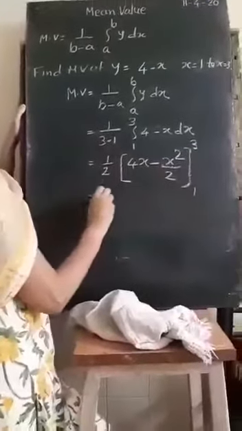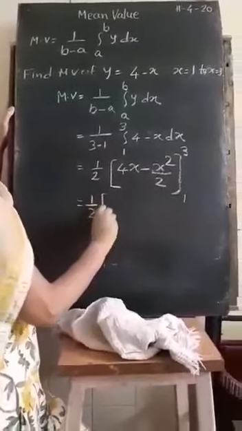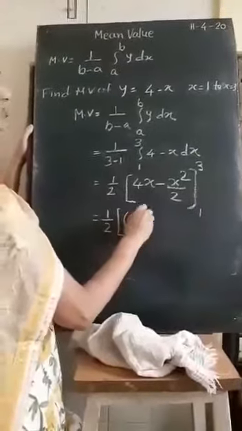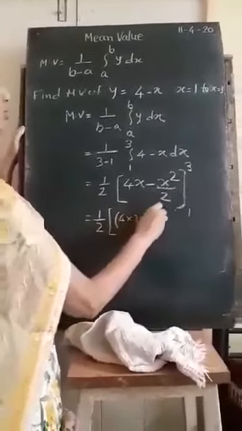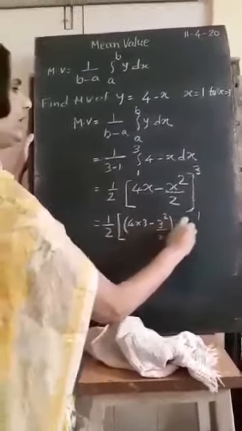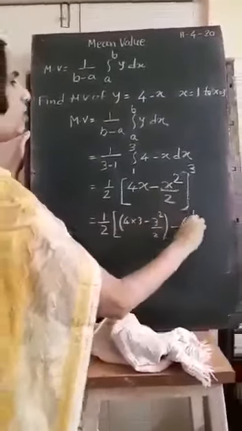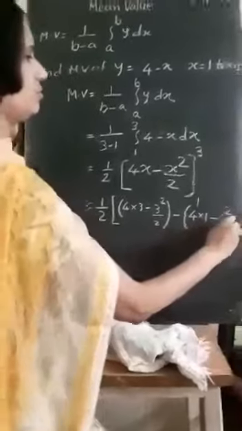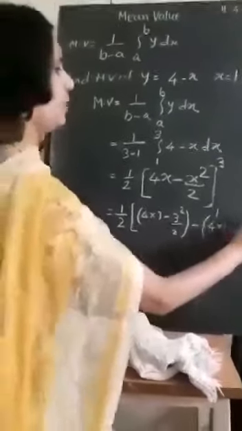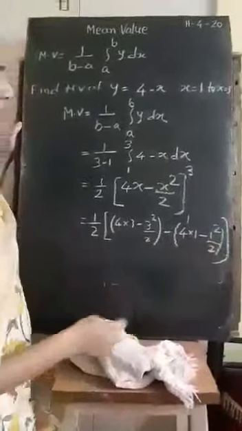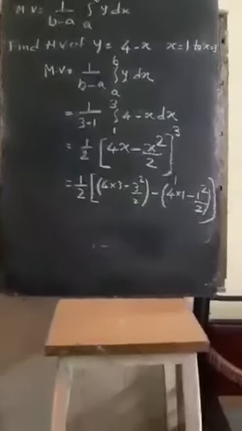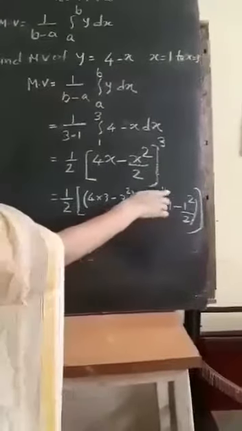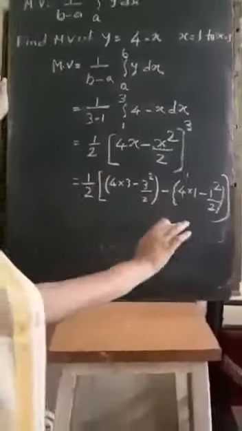So it will be 1 by 2 outside the bracket, then this square bracket. In the round bracket, in place of x, you have to put 3. Then minus sign, minus the lower limit. In place of x, you have to put 1. Right? So, this simplification, as it is, you can feed on calculator. Calculator will give you the correct answer.